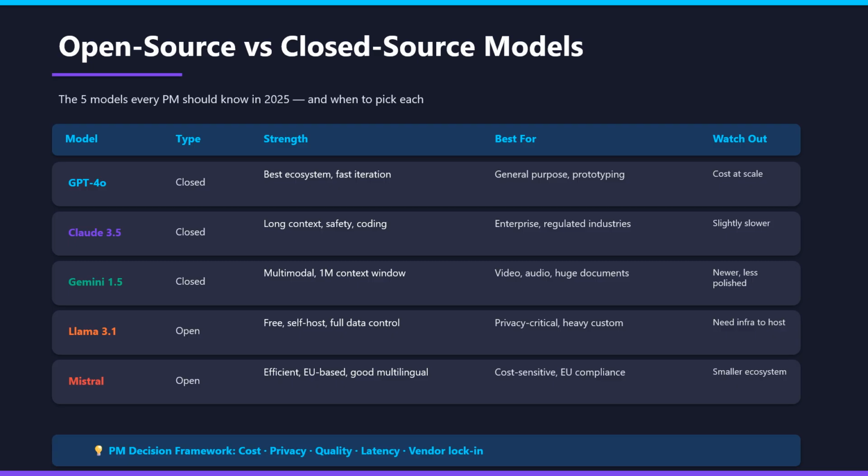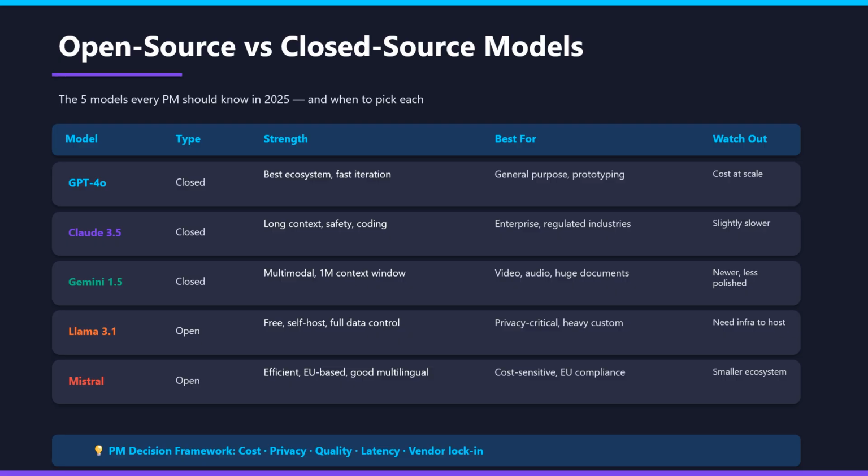Now let's talk about five models every PM should know in 2025 and 2026 and when to pick each one. This is the comparison table on screen. So GPT-4 from OpenAI, closed source, strength: best ecosystem, fast iteration, best for general purpose and prototyping.